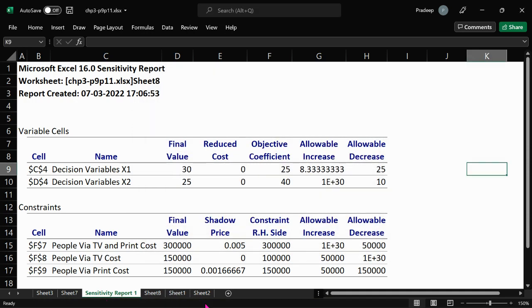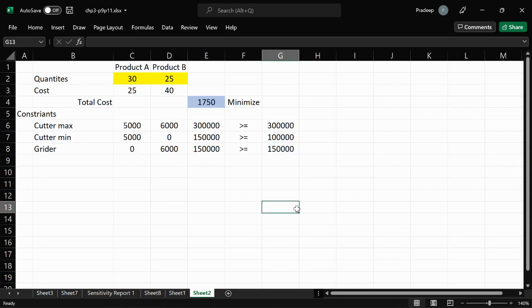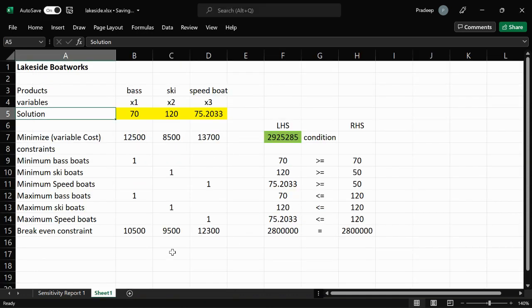Now you can see 70 bass boats you need to manufacture, 120 ski boats, and 75.2 speed boats, so that you are satisfying all the constraints. Of course you cannot manufacture 75.2 speed boats, so you can round it off to 75 speed boats.